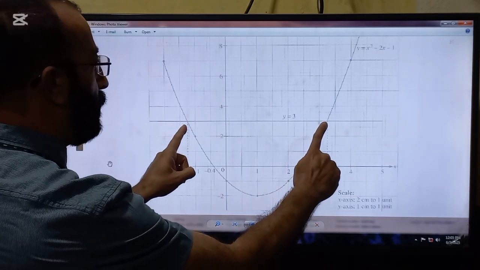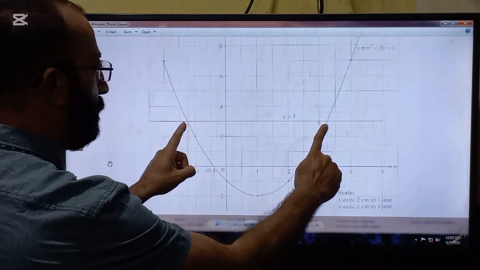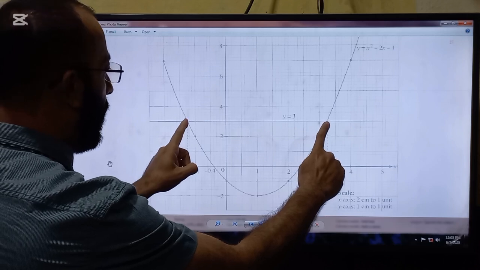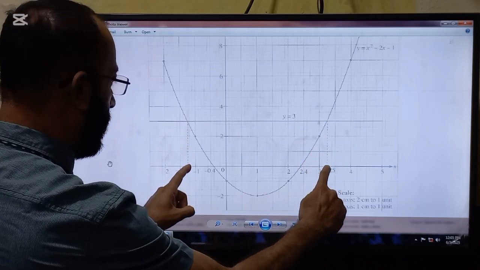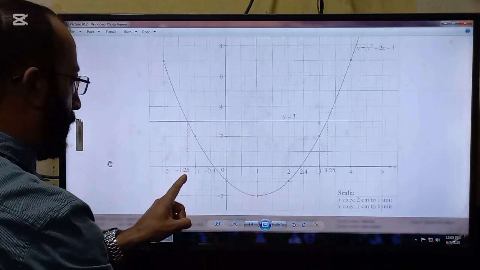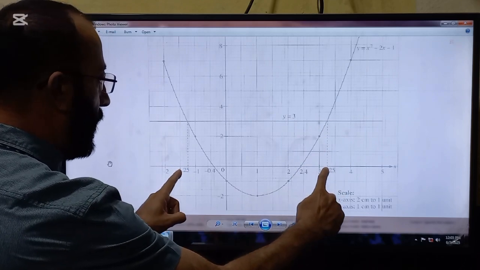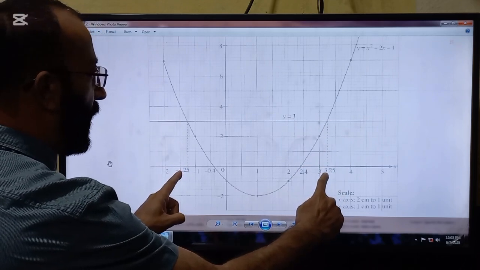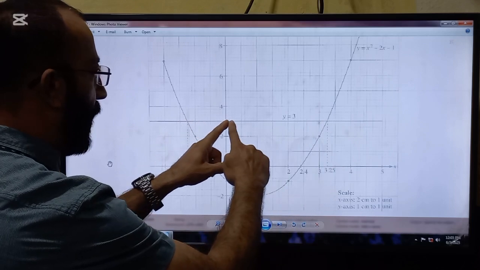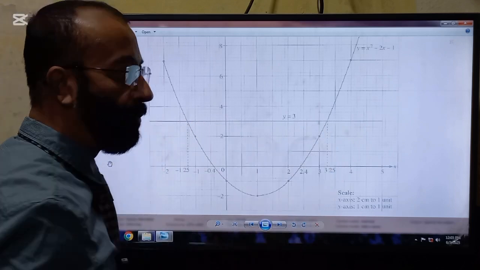So these are the points on the curve where y is equal to 3, and their corresponding values are these ones. So minus 1.25 and 3.25 are the respective values of x when y is equal to 3.